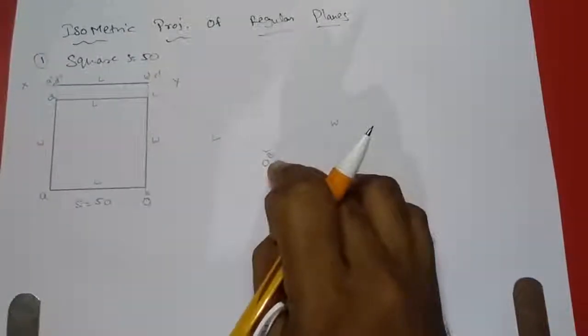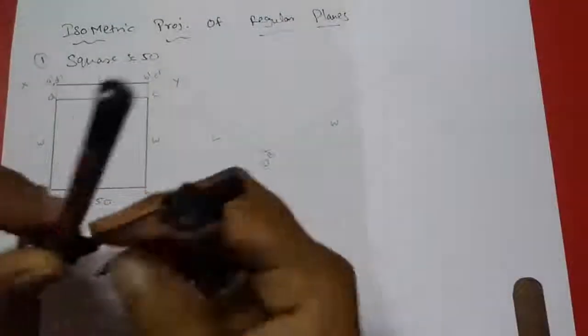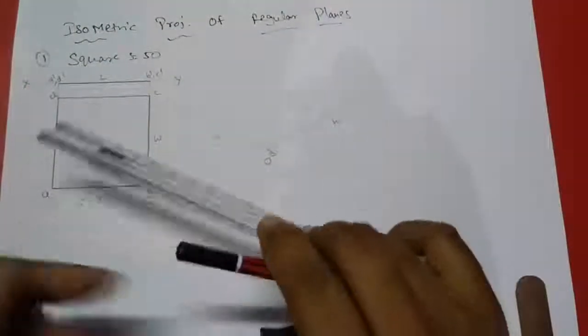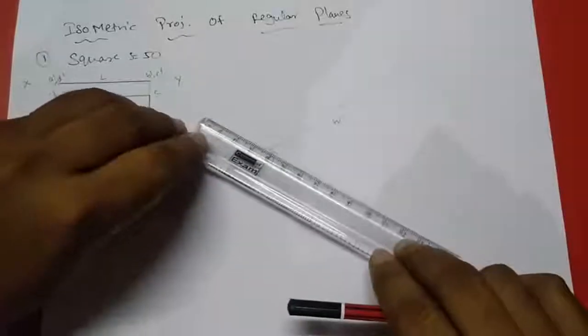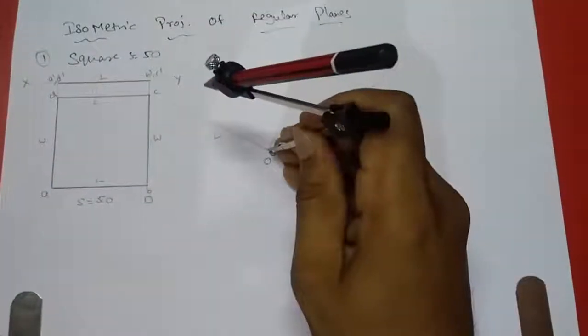With the regular compass or scale you can measure this dimension and place it over here, or else we'll follow the compass. That would be flexible for all the methods.